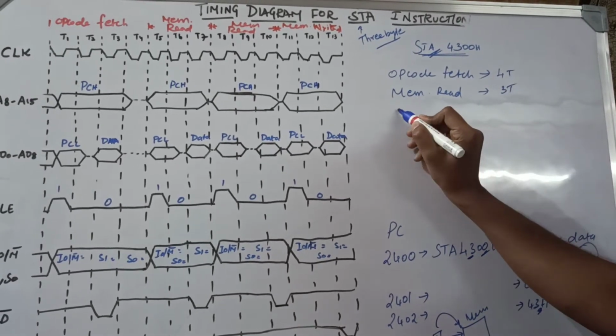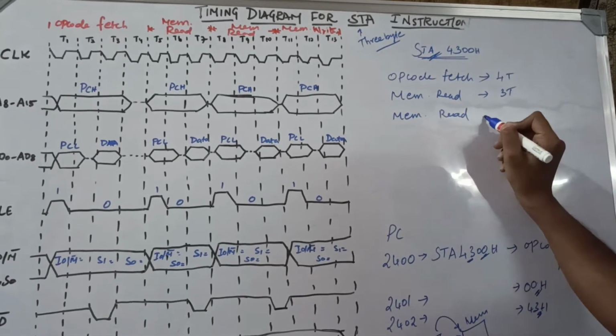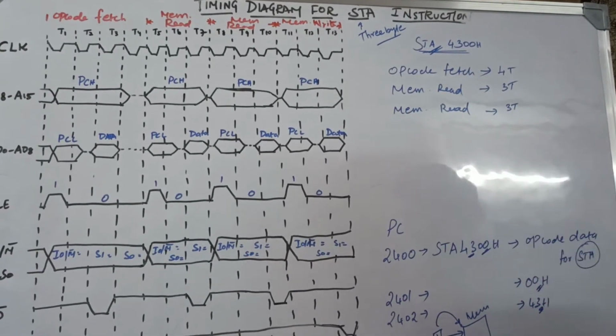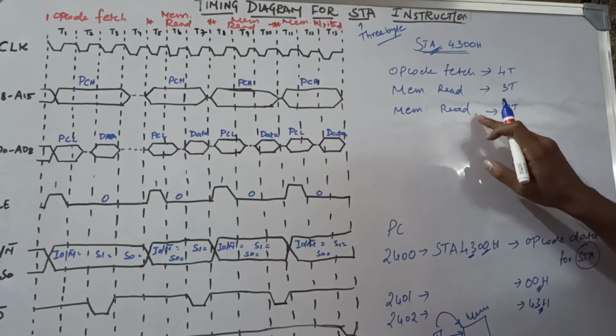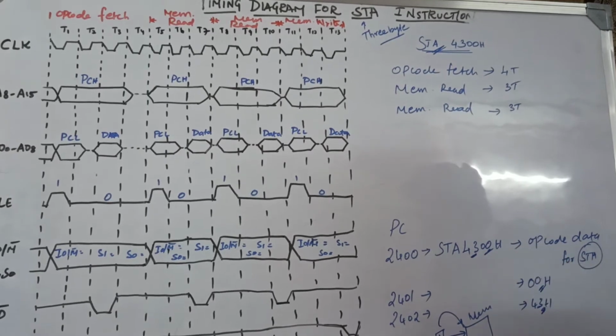Then the second memory read, 3T, gets the higher order address of the specified instruction.